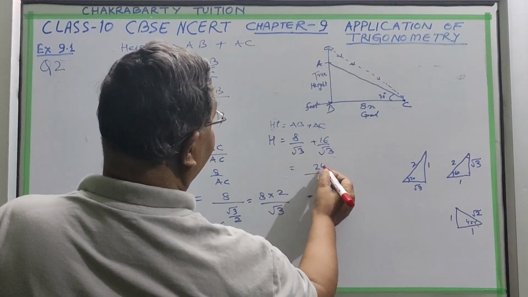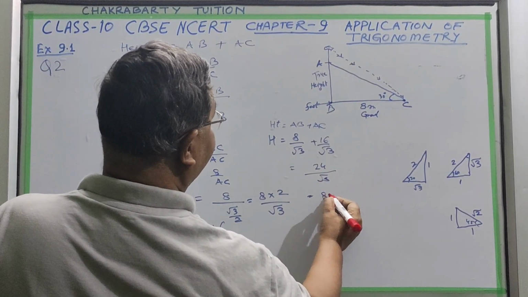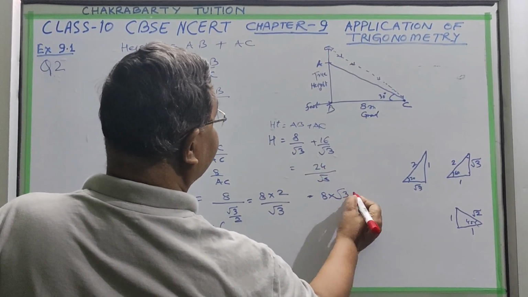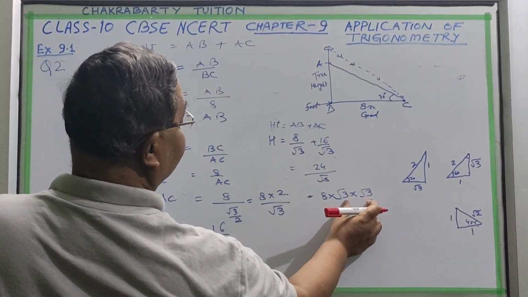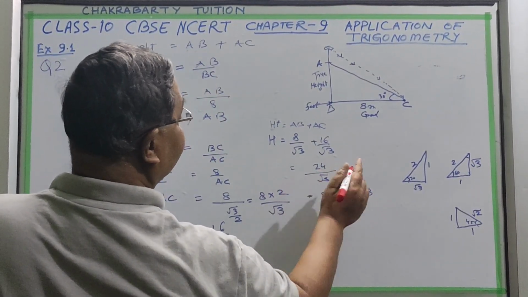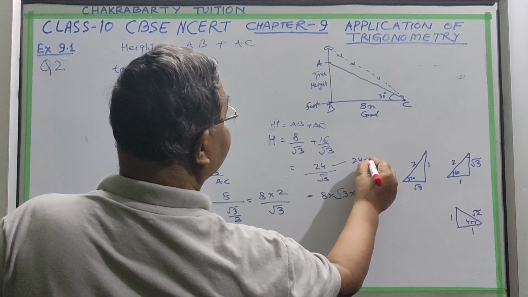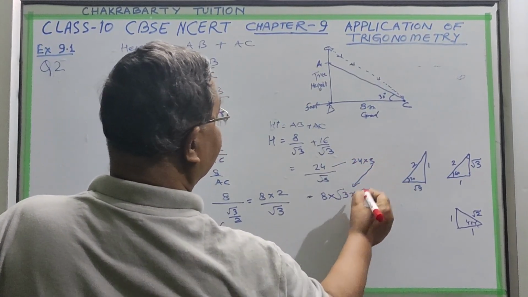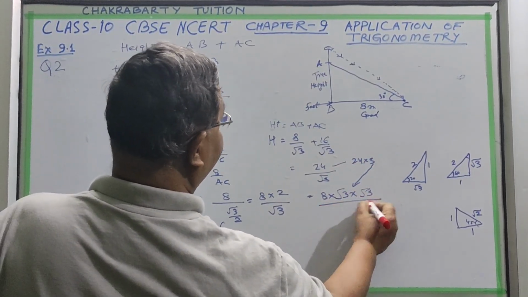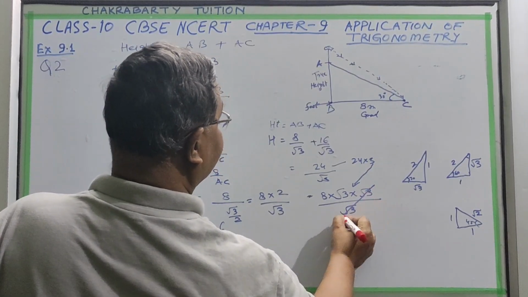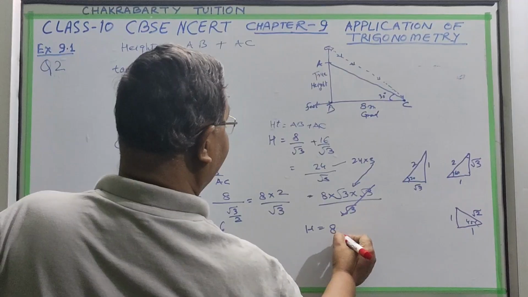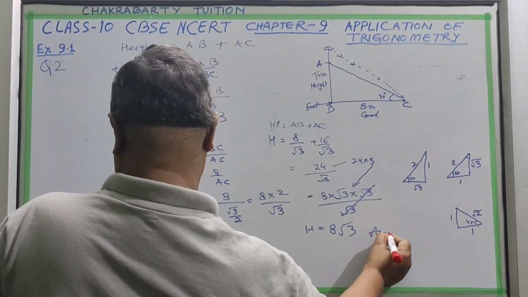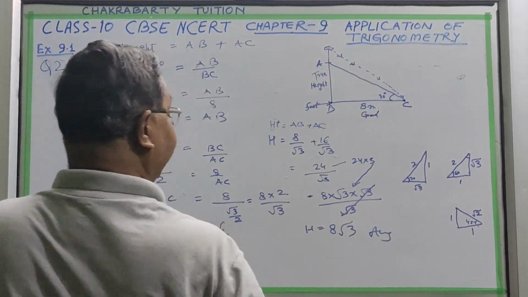And this 24 upon root 3, we can make a bifurcation: 8 into 3 upon root 3, because the total will be multiplied. So 8 threes are 24, and this 3 we can break in two parts, under root 3 into under root 3. So under root 3 is here, this we can cut. So your height will be 8 under root 3, and this will be your answer. Okay, this is your answer.